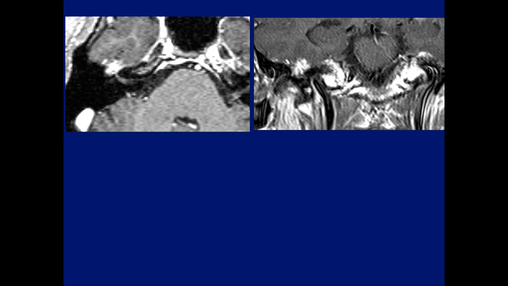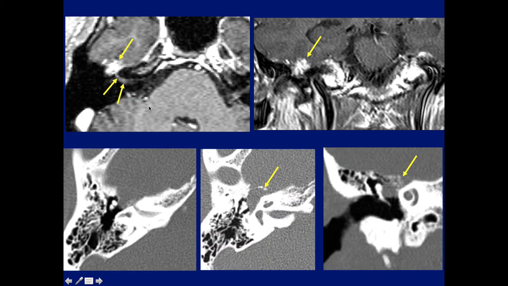Now, this is a case that Ajay and I spent quite a bit of time on, and notice this patient also had facial nerve symptoms, but the lesion has kind of an irregular appearance, and that's kind of classic for a hemangioma. And again, notice the enhancement in the IAC and the labyrinthine segment.